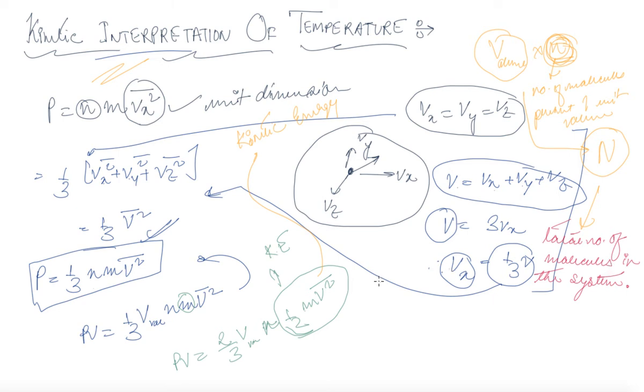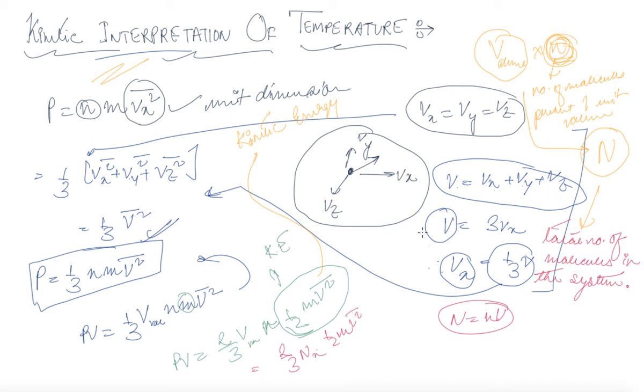So now you can easily remove this n, because N equals small n into V. Therefore, your equation becomes 2 by 3 N into half mv square, and this is for x.